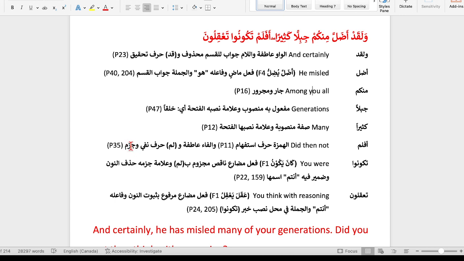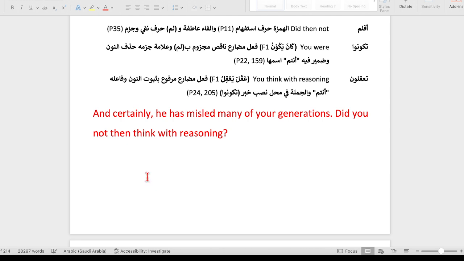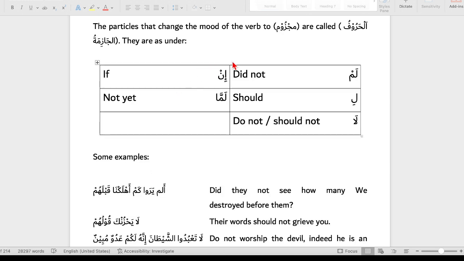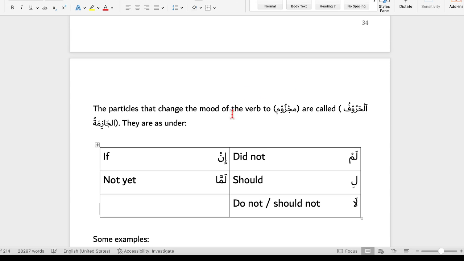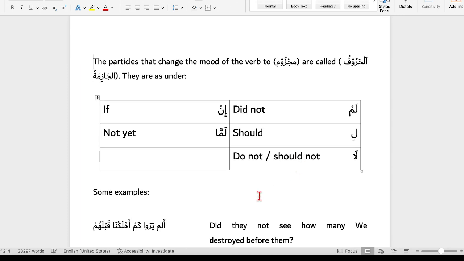This is one of the particles. If I show you on page 35. So lam, you see, these particles change the mood of the verb to majzoom, and they are called haruful jazima. So lam will make the fi'l mudare majzoom. Fi'l mudare has three moods: marfu, mansoob, and majzoom. Lam will make it majzoom.